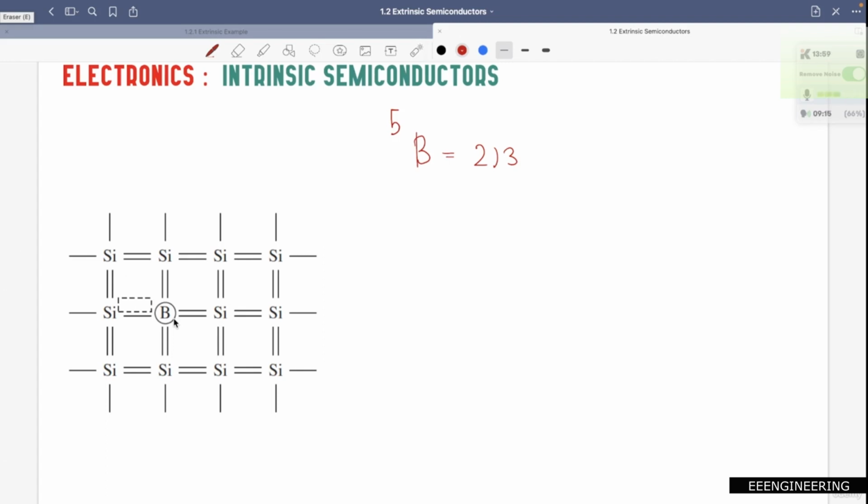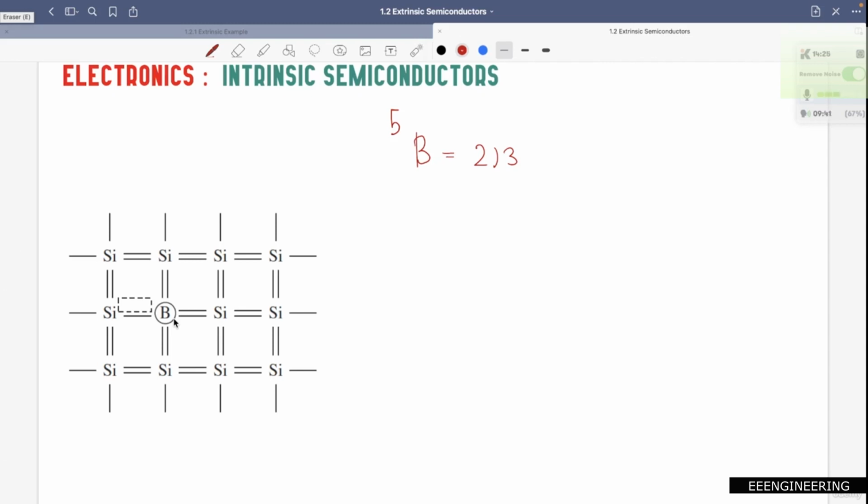And this is the important point, because logically, think this through. In an N-type semiconductor, we had more electrons than holes, and this time we are supposed to have more holes than electrons. Since we are working with an atom that has fewer valence electrons than silicon, it is of course going to leave a space empty. That's the logic we have.